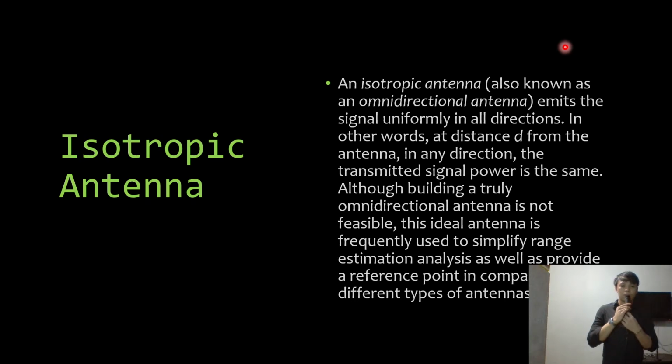Although building a truly omnidirectional antenna is not feasible, this ideal antenna is frequently used to simplify range estimation analysis, as well as provide a reference point in comparing different types of antennas.